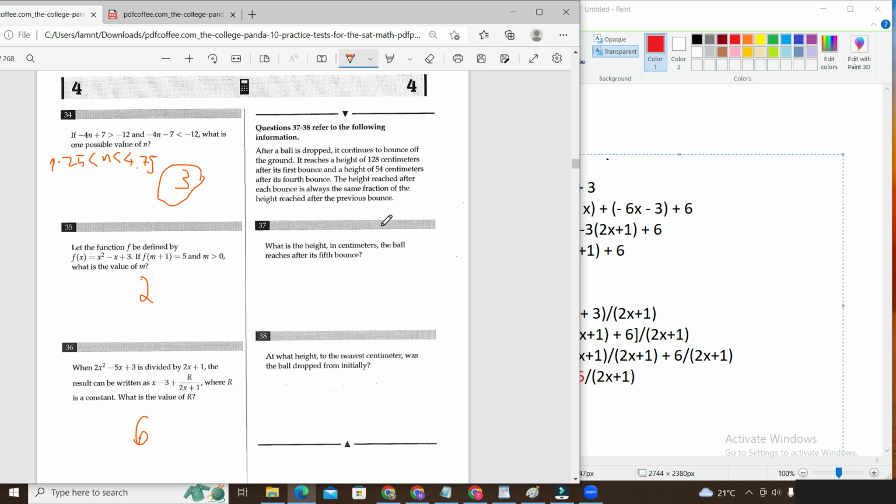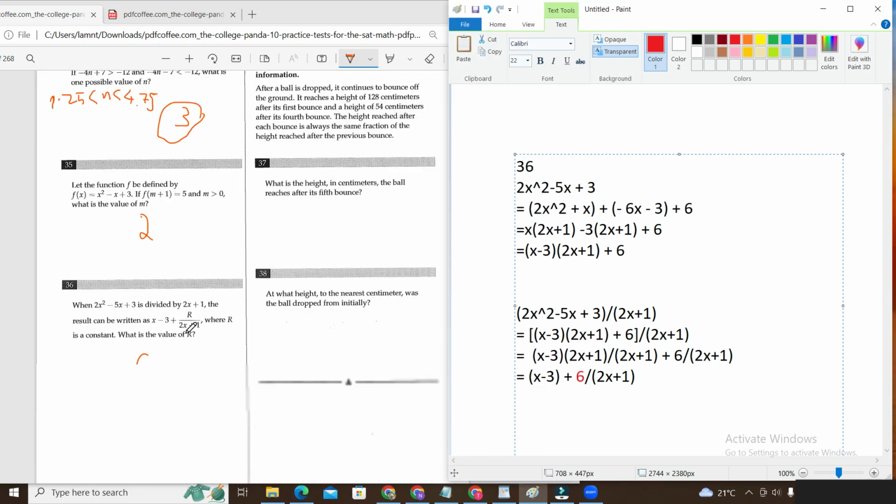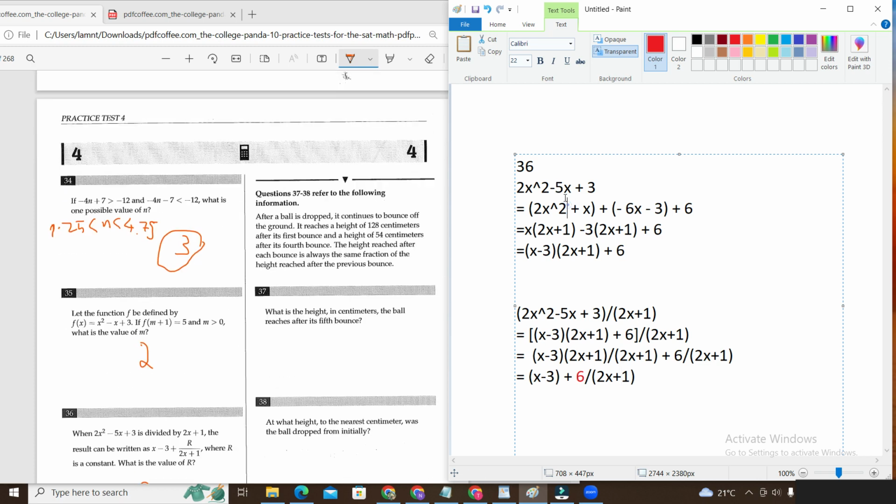If it reaches a height of 128 centimeters after its first bounce and a height of 54 centimeters after its fourth bounce, the height reached after each bounce is always the same fraction of the height reached after the previous bounce. So let's think about this 37. So 36 is 6. Okay.